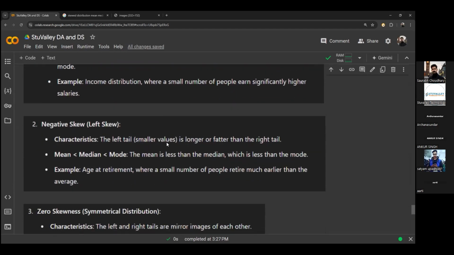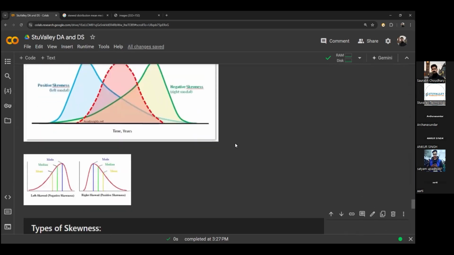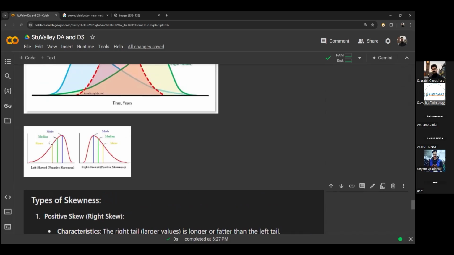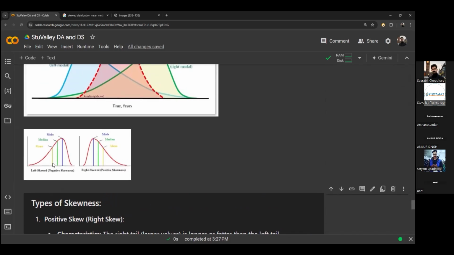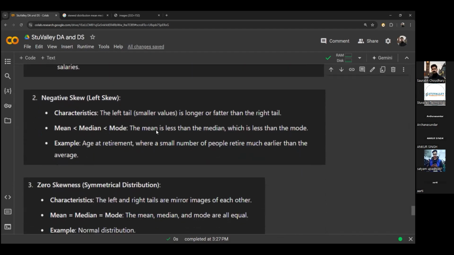The left tail, smaller values, is longer or fatter than the right tail. इसका मीन सबसे छोटा होता है, मीडियन देन मोर. The mean is less than the median, which is less than the mode.